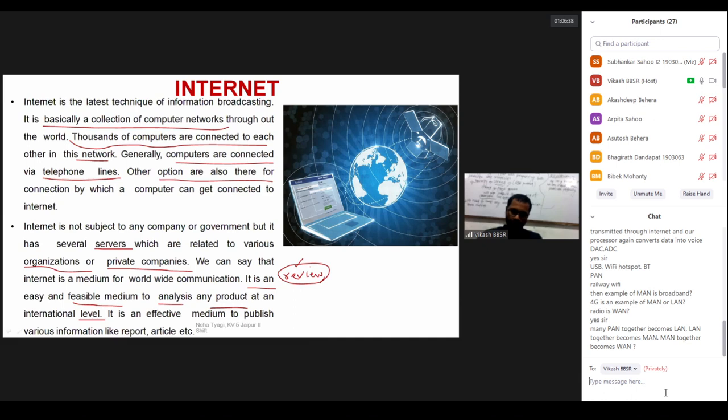So you can analyze any product at an international level. In the international market you are comparing that product before purchasing, by checking the reviews.